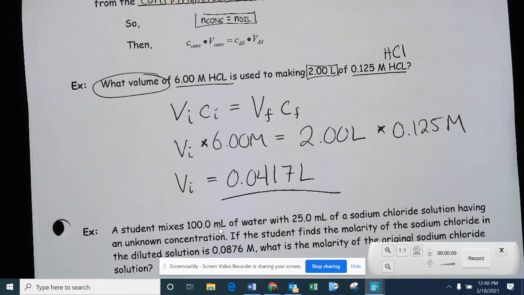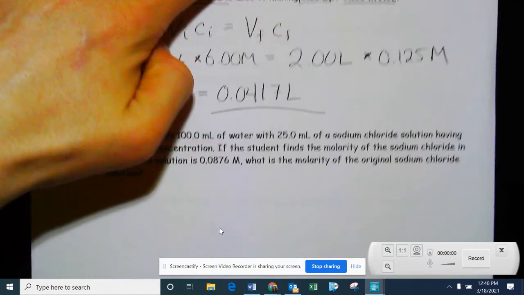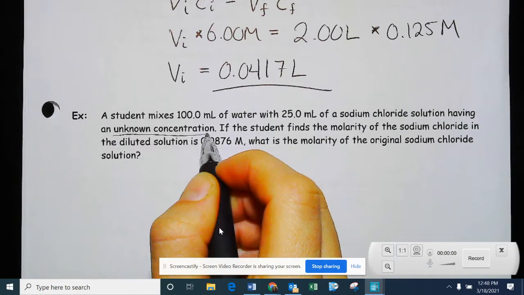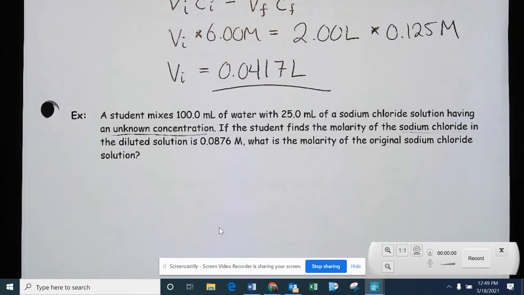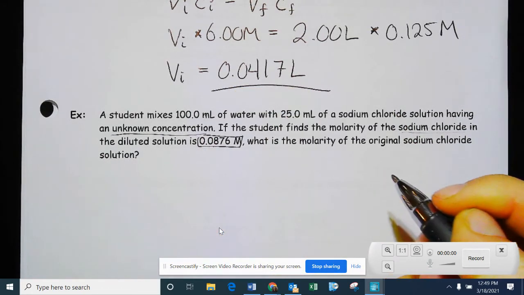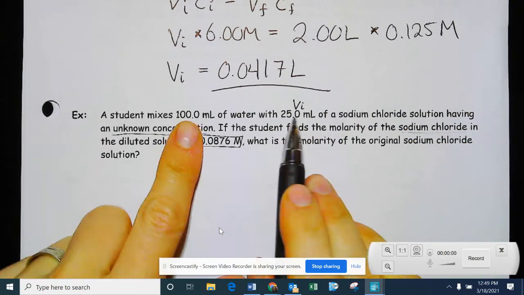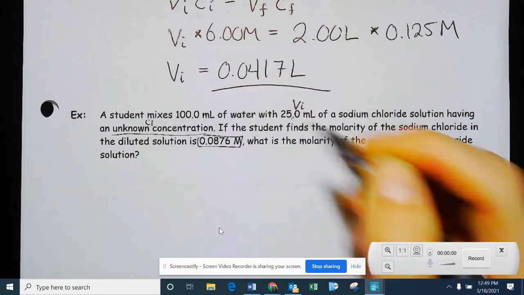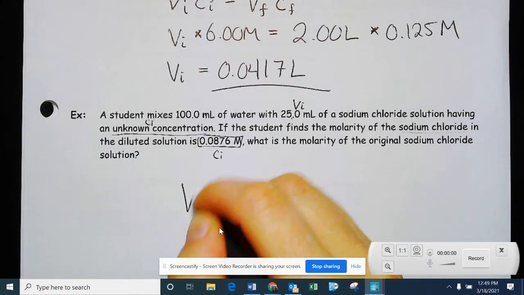Okay, next question here is a student mixes 100 milliliters of water with 25 milliliters of sodium chloride solution, which has got an unknown concentration. But then the student finds the molarity of the sodium chloride in the diluted solution to be this. So we have got our initial volume. Our final volume is going to be these 2 added together. We don't know the initial concentration, but we do know the final concentration. So I'm just going to do the exact same thing as above.